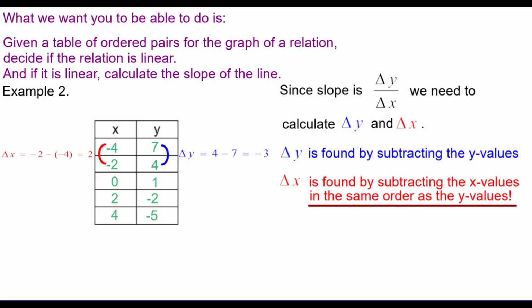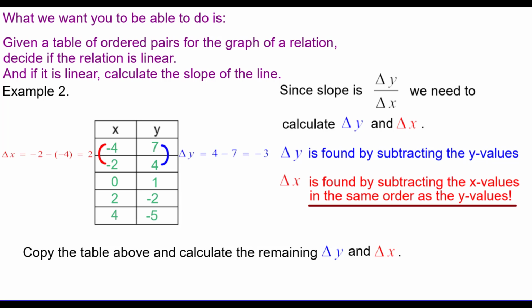So for our change in x for the first two ordered pairs, it would be negative 2 minus a negative 4, which would be negative 2 plus 4, which is positive 2. So what we'd like you to do is copy the table above and calculate the remaining change in y and change in x. Press pause as needed and resume when you're ready.